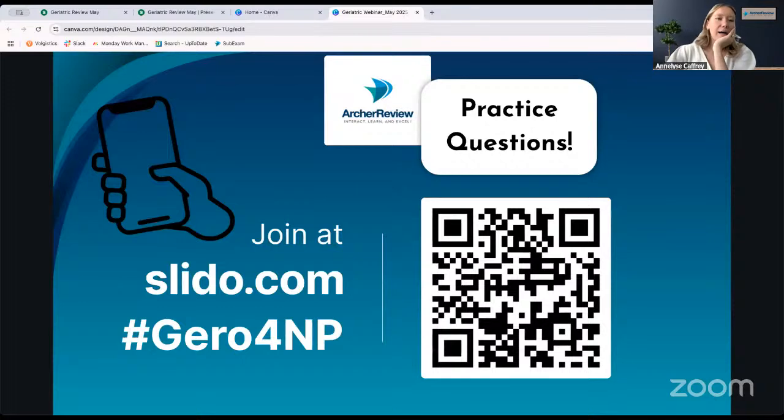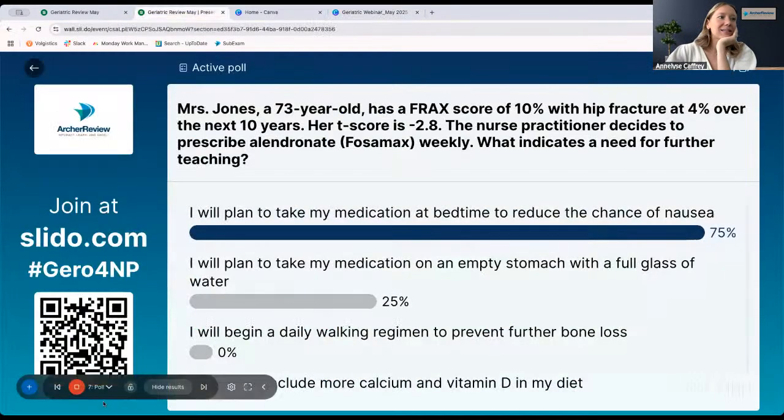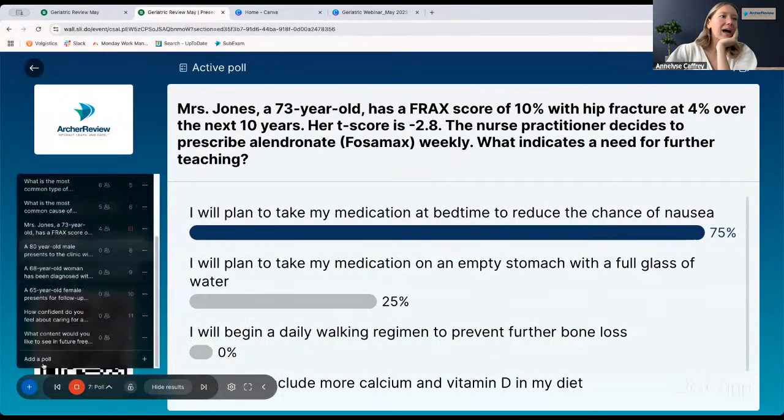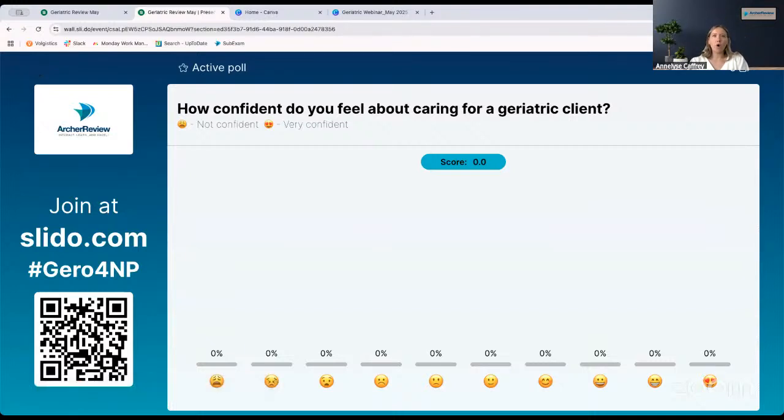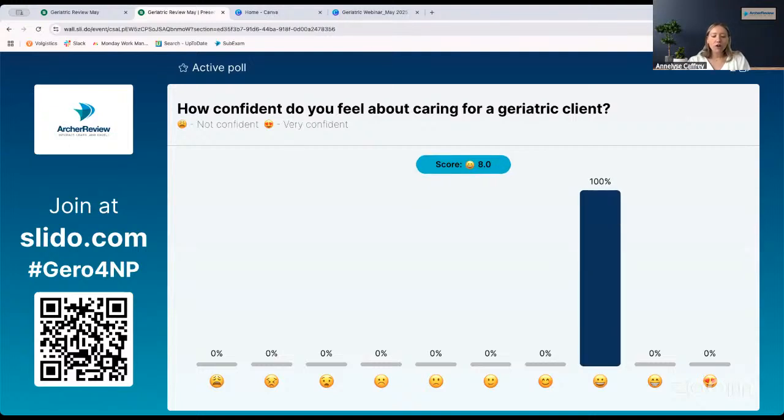Okay. We'll go back to this slide one last time, and we're going to end just on a few questions, guys. I know this has been very long. I just want to know, how confident are you guys feeling about caring for geriatric clients? Did this improve our score? I want to see how everyone is feeling now, if we're getting some improvement here.